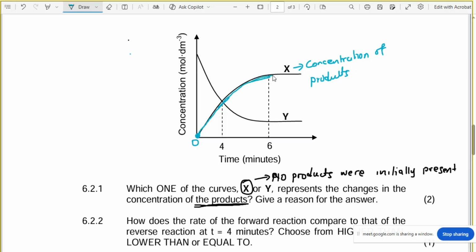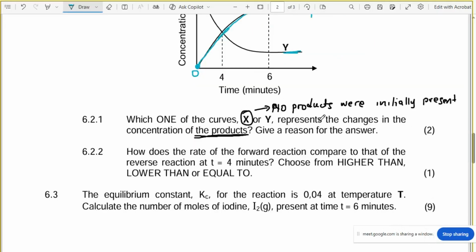Because remember, in a chemical reaction, we use up the reactants to form what? Products. So you can see that the concentration of the products is increasing. You can also say that the concentration of the reactants is decreasing, because they are being used up.